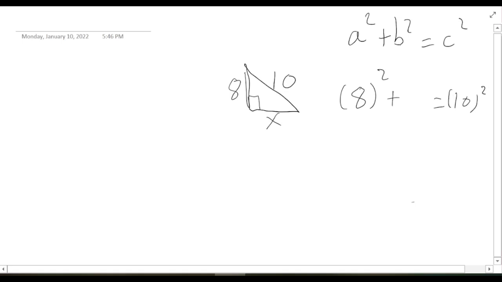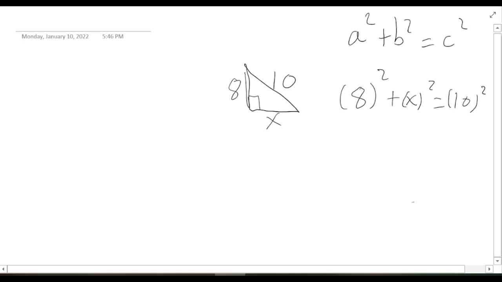But we don't know what this x is, this b. So we just leave it as x squared. And again, it doesn't matter which one is a or which one is b. This 8 I could have written over here on the b side, and then the x could have been on the a side. It doesn't really matter. Again, the only thing that matters is that c is equal to the hypotenuse, which is the longest side, which is 10.